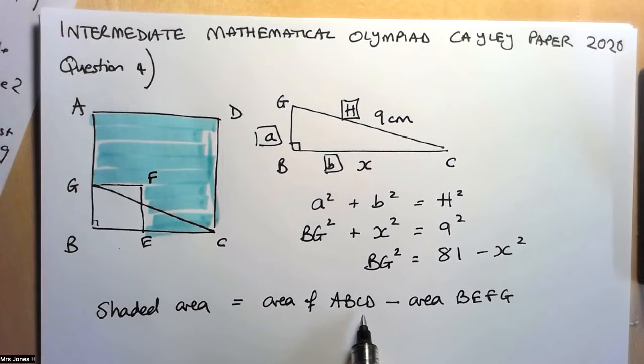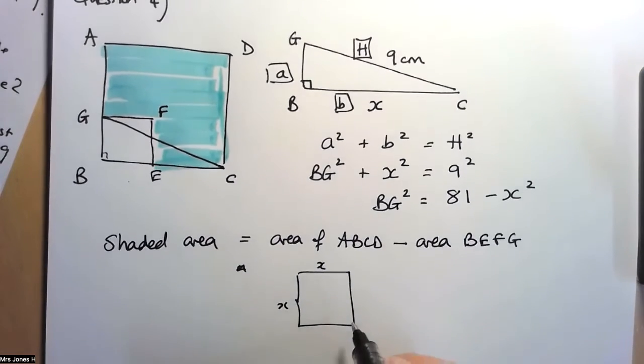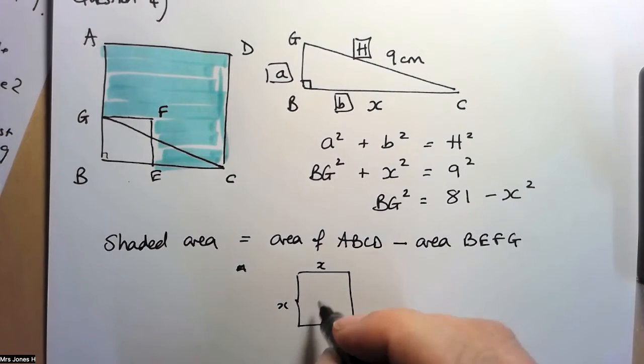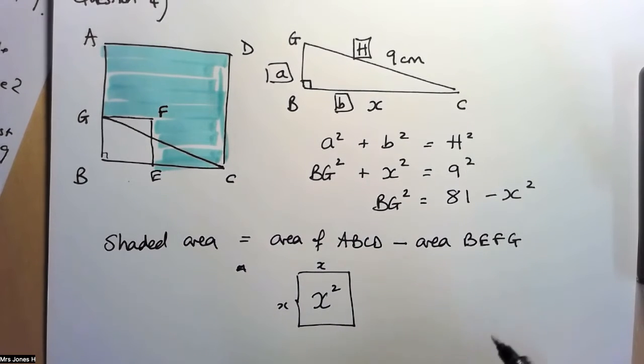Now the area of ABCD, I should draw it. The big square has BC as x, so the area is going to be x squared.